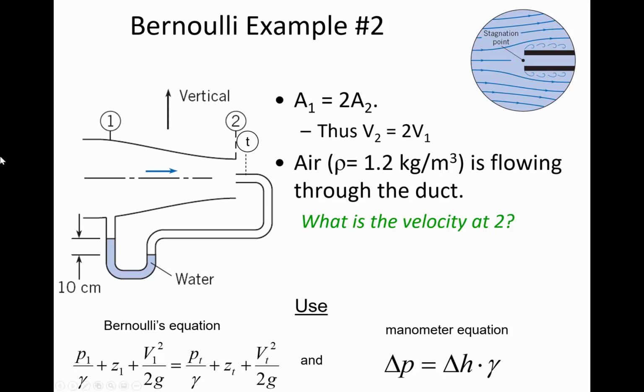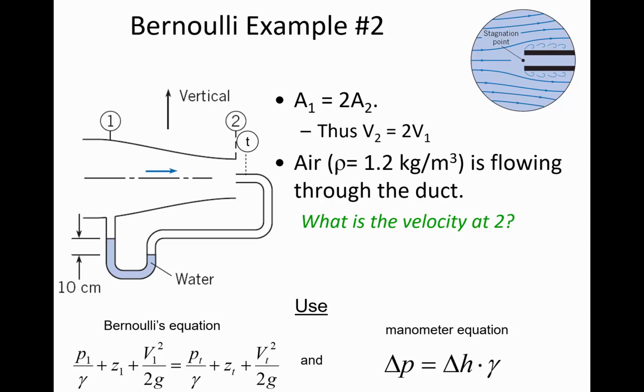So it's all on the same horizontal datum. In other words, the elevation at 1, Z1 is equal to Z2 is equal to the Z value at location T. The elevations are the same. So what you should do is rearrange Bernoulli's equation in terms of PT minus P1.